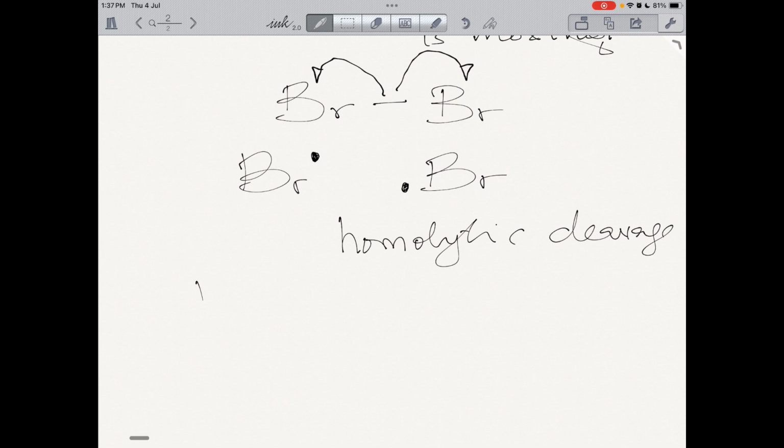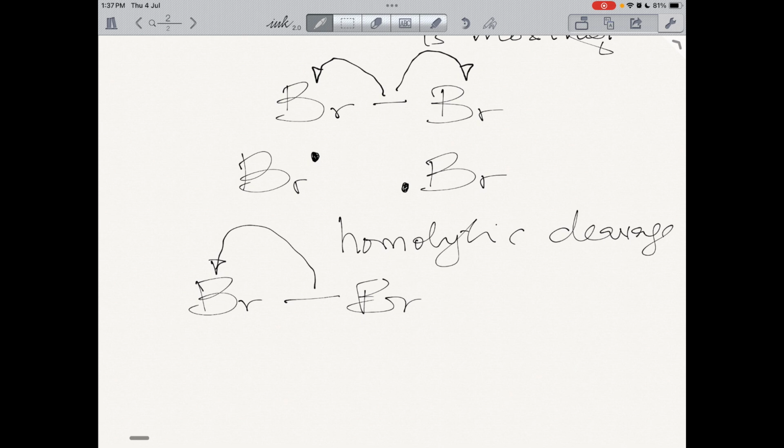But it's important to also note that there is another type of cleavage that the bromine molecule can undergo. It's possible to have a full-headed curly arrow moving into the top of one bromine atom.